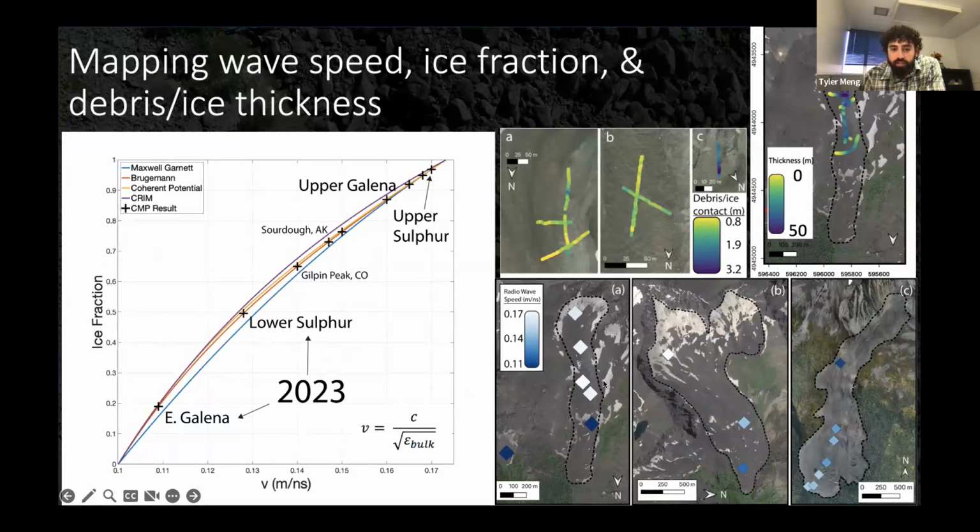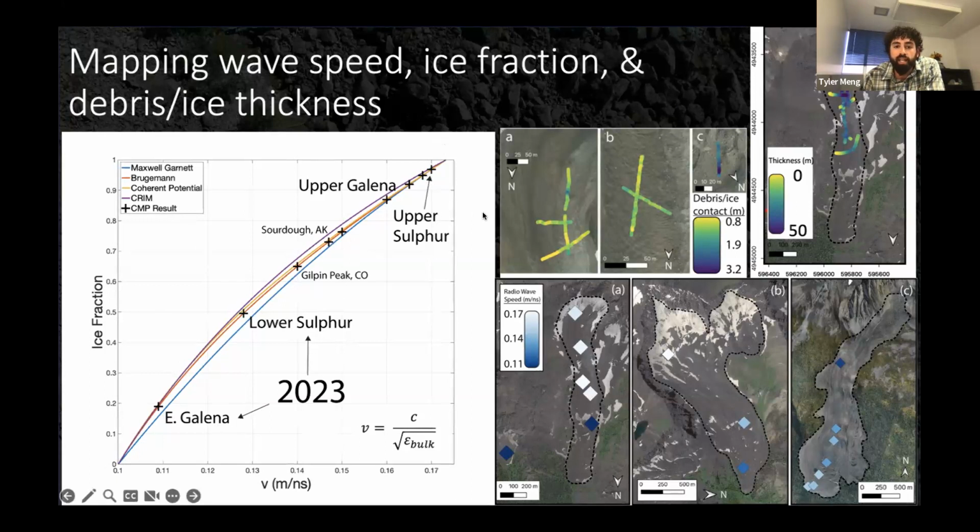And then we can also map out the distribution of radio wave velocities, and then apply those velocities to a dielectric mixing model here at the bottom left, assuming the dielectric constant of rock is about 9 and the dielectric constant of ice is around 3. This gives us an estimate for the ice and rock fraction for that measured velocity value.